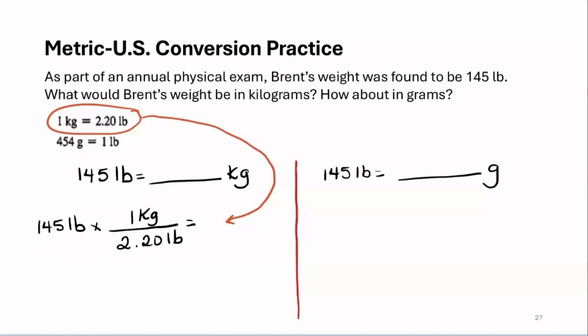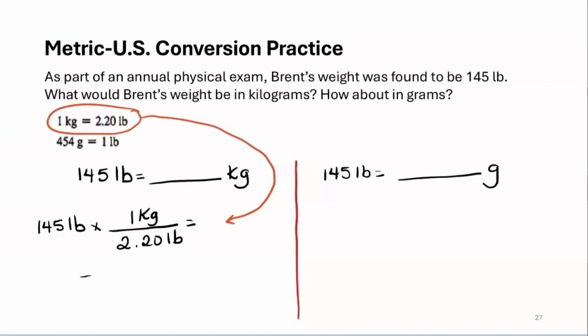So when I take my calculator and I do 145 divided by 2.20, I observe that my calculator display shows the value 65.9090, and so on and so forth. But because my equality does not determine the number of significant figures in my final answer, I must utilize the measurement given. 145 has 3 sig figs.